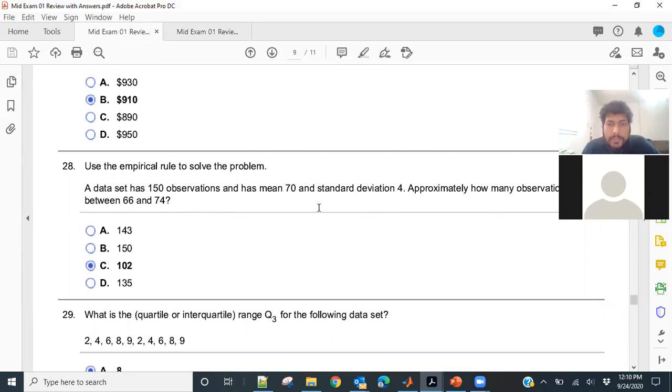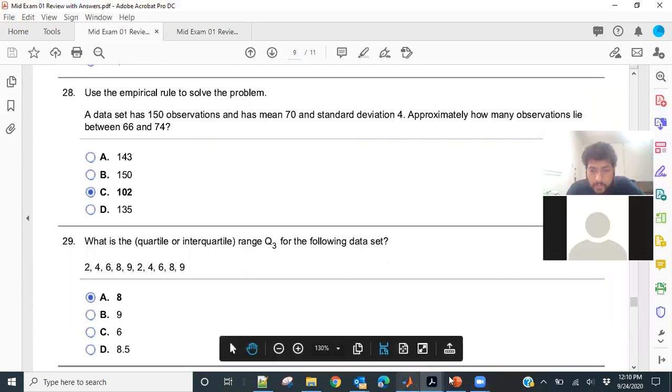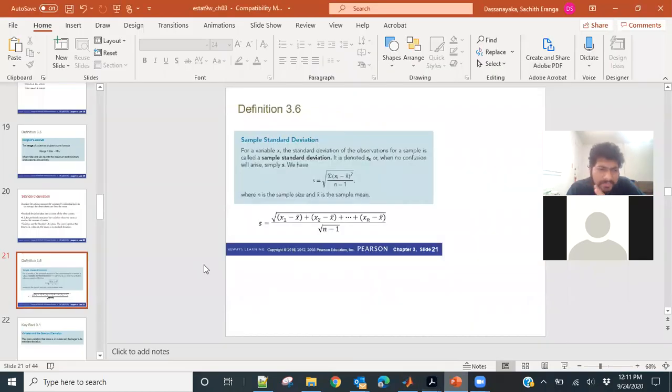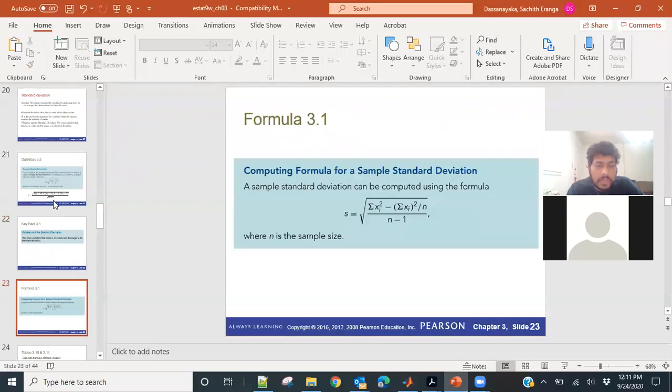Okay, there is a problem I have given using your empirical rule. We have a theoretical part called the empirical rule. It is a very popular rule in statistics. Just a moment, please.